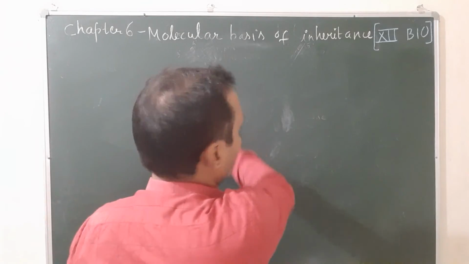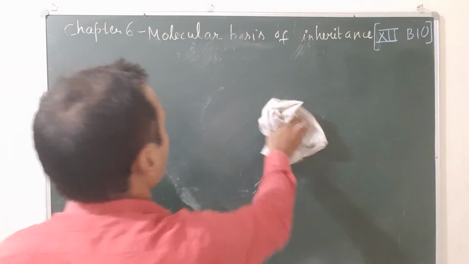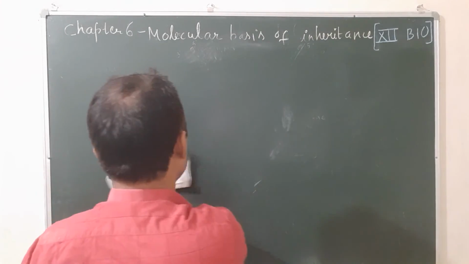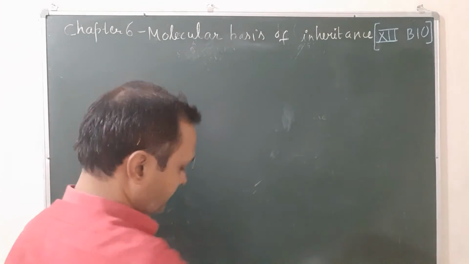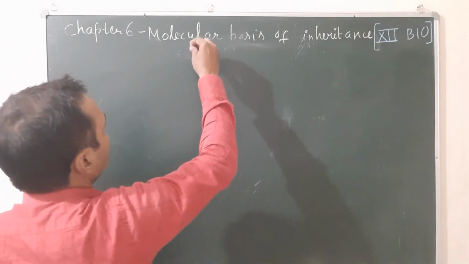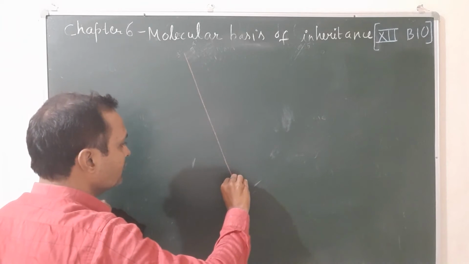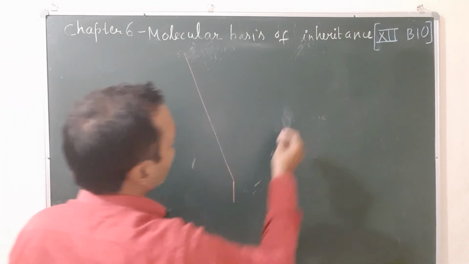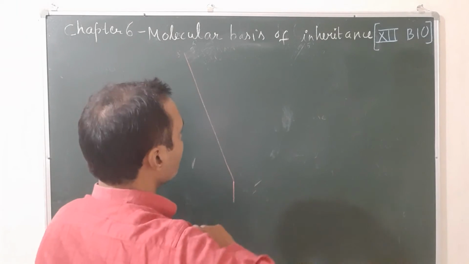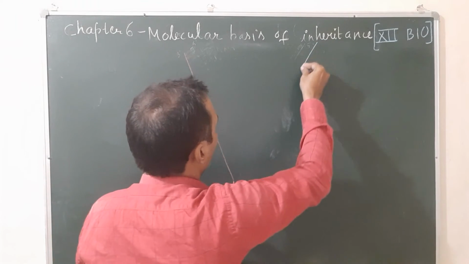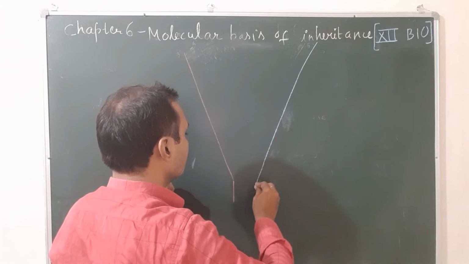This is also part of the third step. Suppose that some more part opened up like this. Here also, some more part of the DNA opens up like this.